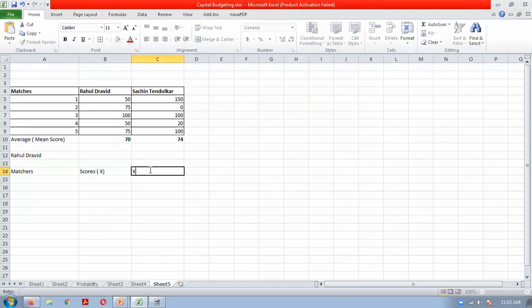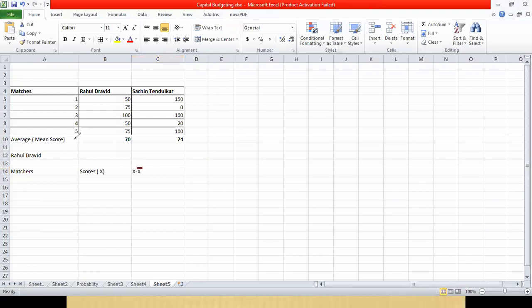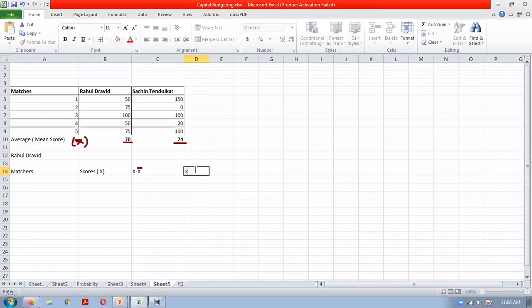Then another column will be x minus x bar. Okay, x bar means mean value, average. Then the next column will be x minus x bar, whole square.